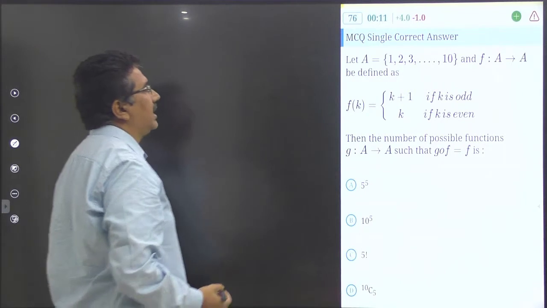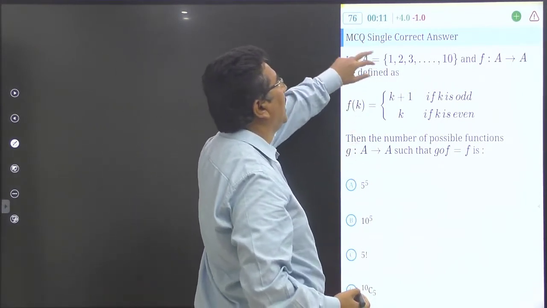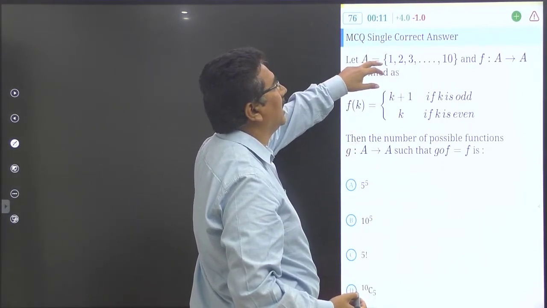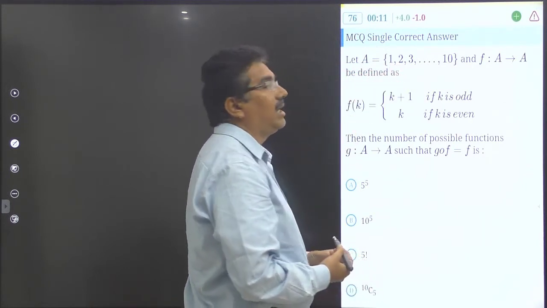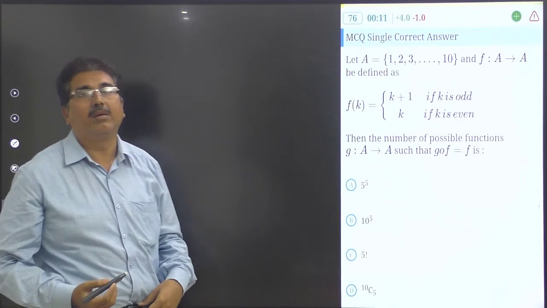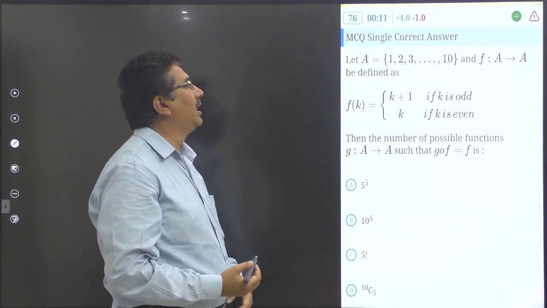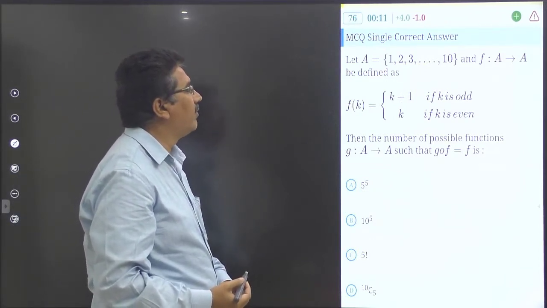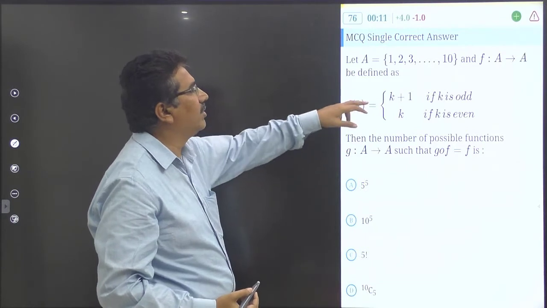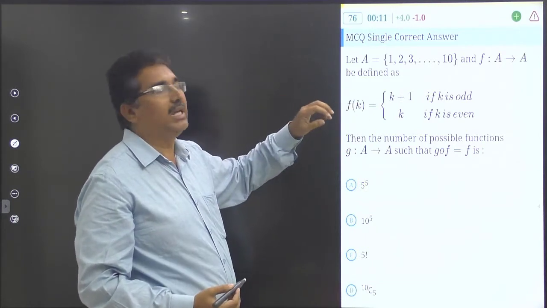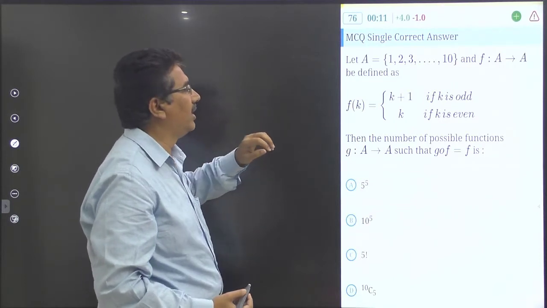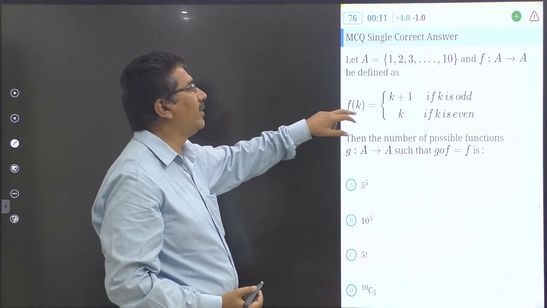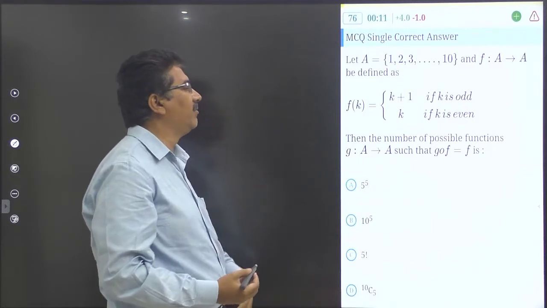Let capital A be a set containing 10 elements from 1 to 10 and f mapping from capital A to A be defined as f of k is equal to k plus 1 if k is odd, equal to k if k is even. Here f is a piecewise function.